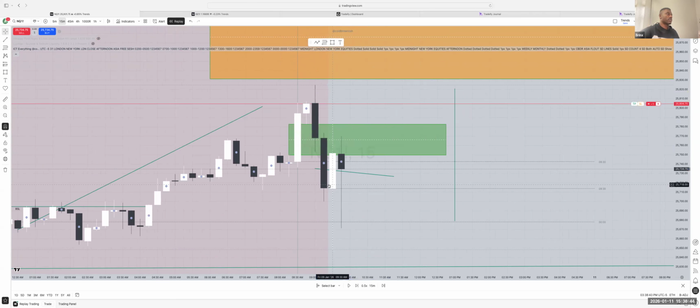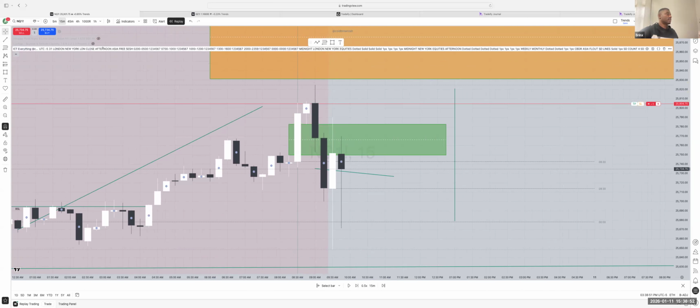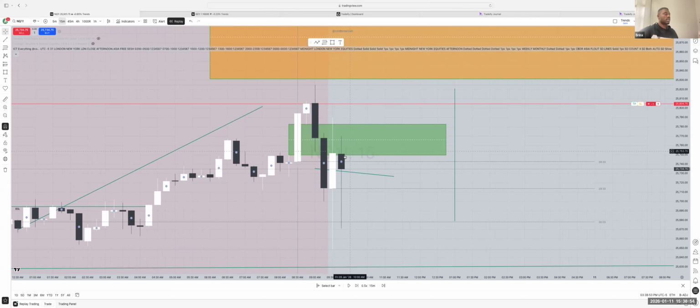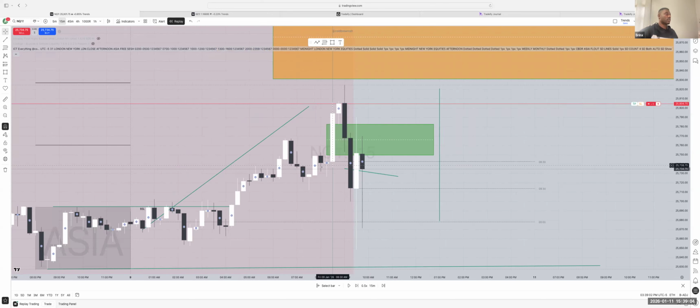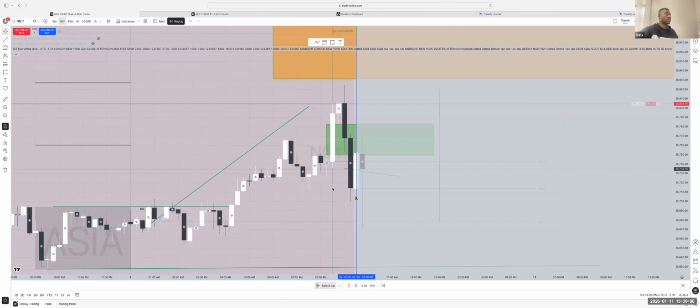So it inverts this, it trades back into this, it wicks, and it looks bad for a couple minutes, right? But it respects it, and then obviously not only respects the consequent encroachment, but starts respecting the low end of this, which is an even better sign, right? Because now this is looking like really clean market structure breaking.